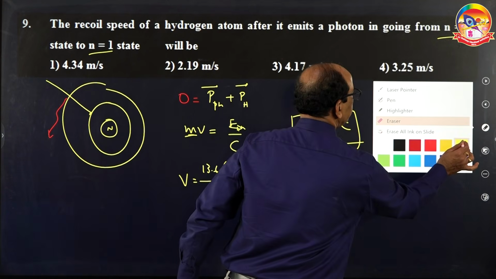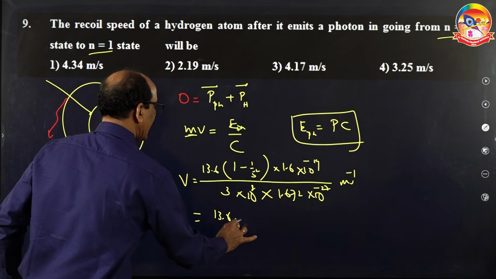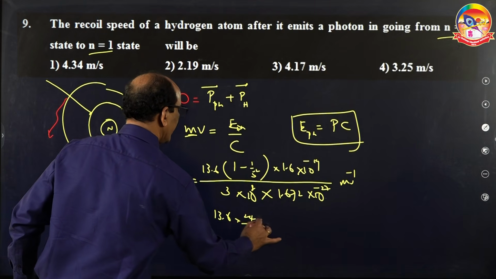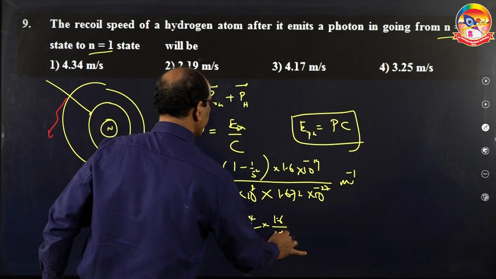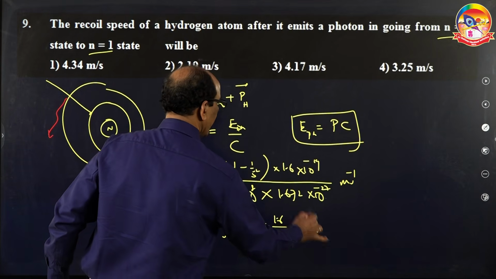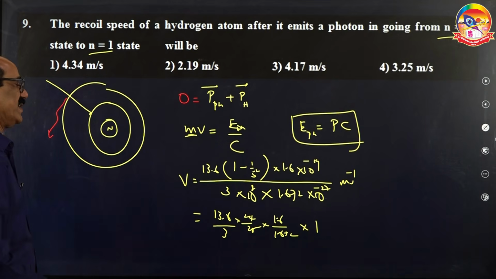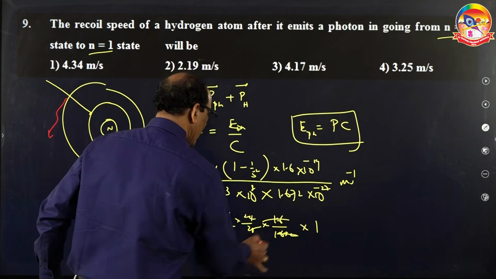So here it is: 13.6 times 24 by 25. It is 1.6 by 1.672. It is 3 and it is 1, 10 power minus 27. So it happens to be slightly less than 1.